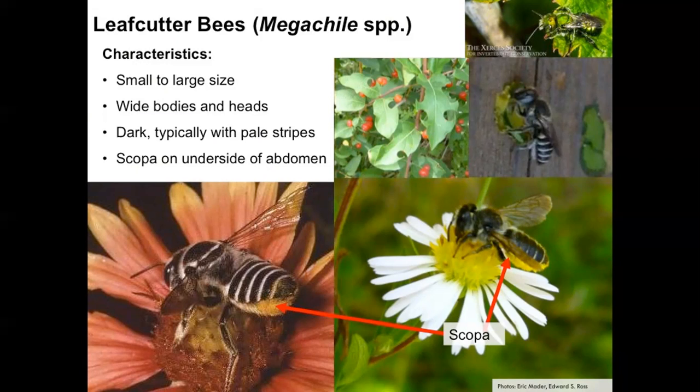And they often have an upturned abdomen, as you see in the photo at the bottom. They visit a wide range of flowers, but some species specialize on asters and the pea family. And they can nest in pre-existing cavities, whether artificial or natural, it doesn't matter. They'll even take things like abandoned beetle tunnels or hollow plant stems or gaps between bark or even hose pipes. So these are all places that they would use as housing.